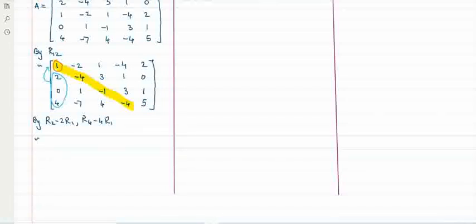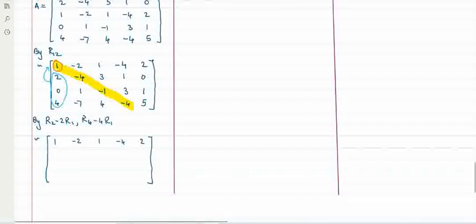So the new equivalent matrix where change in second and fourth row, first row 1, minus 2, 1, minus 4, and 2. Okay. So what you have to do? You have to multiply by 2 and their subtraction. 2 minus 2, 0. I think minus 4 and minus 4, correct?